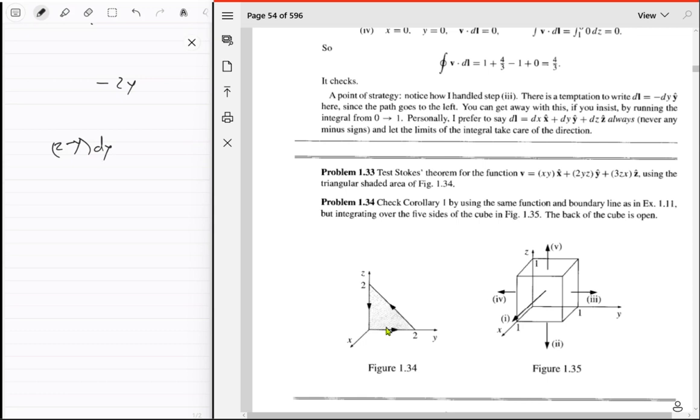This times the, where's the area element supposed to be going to? It's negative 2y, huh? Oh, okay, the path is in this direction, fine. So we have to multiply this with x hat, right? Not negative x hat, fine.